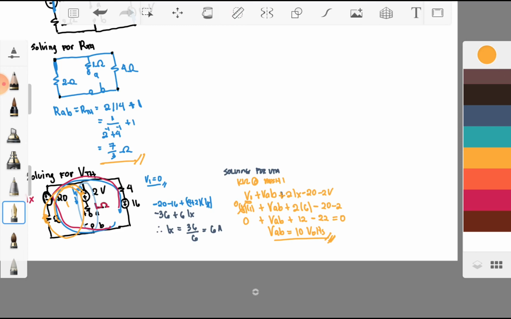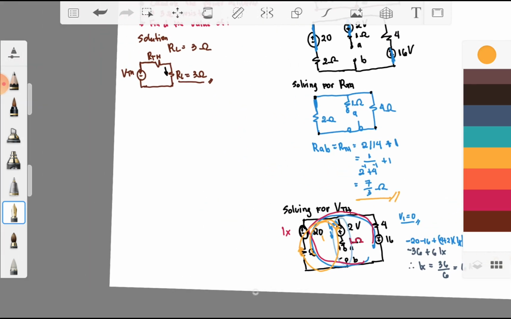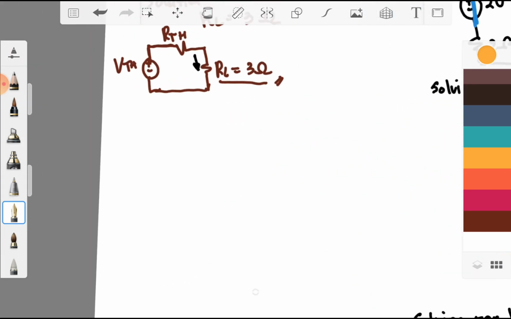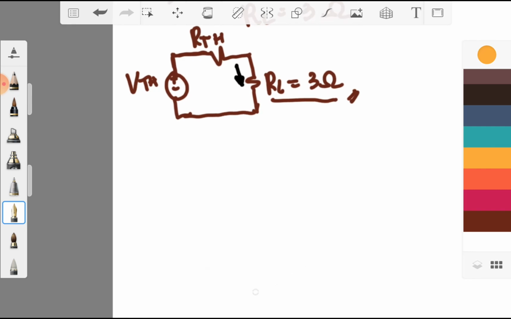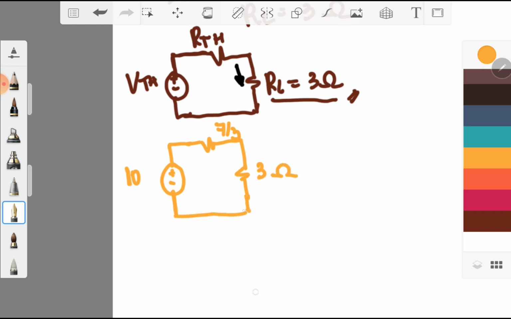So upon solving, we will have a value equal to negative 10 volts. Then your RTH, which is 7/3. Then your RL, which is equal to 3 ohm. And then your 10 volts VTH.